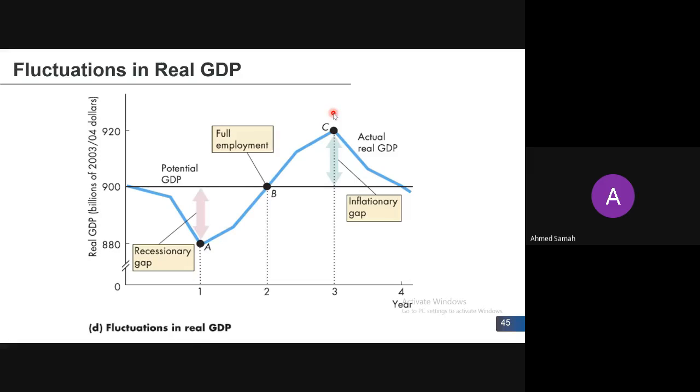So it is the peak of the expansion. So at any point where the actual real GDP is above the potential GDP, we are experiencing an inflationary gap. And at any point where the real GDP is below the potential GDP, we are having a recessionary gap.